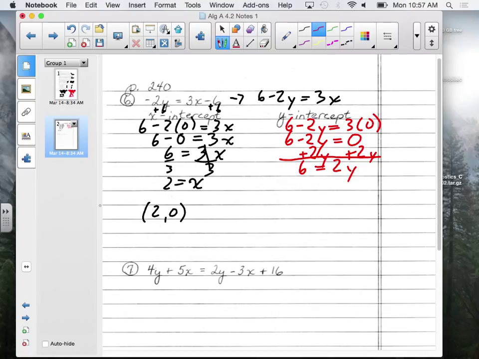Now y is almost by itself, so last step we do, divide by 2 on both sides. So y equals 3. Alright. And this would be ordered pair what? 0, 3.